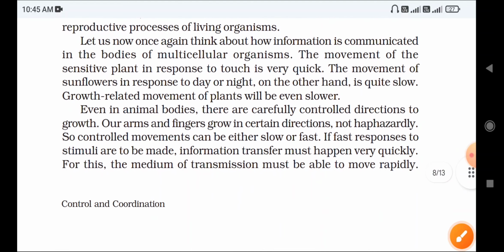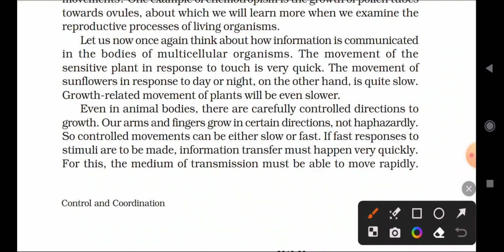Then only can we do rapid reactions or rapid actions. For this, the medium of transmission must be able to move rapidly. Whatever information we get, if it is quick, we can work or act rapidly. Okay, understood.